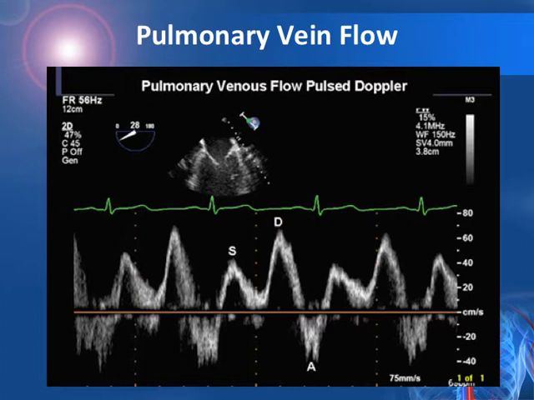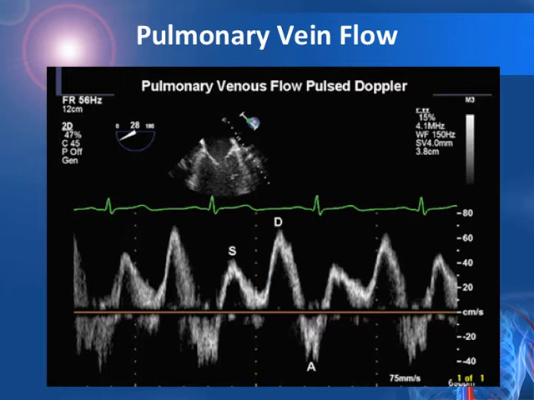Now, early diastole, the mitral valve opens, and passive filling starts. That is followed by another increase of flow from the pulmonary venous circulation into the left atrium, displayed here as the D wave, a positive deflection.